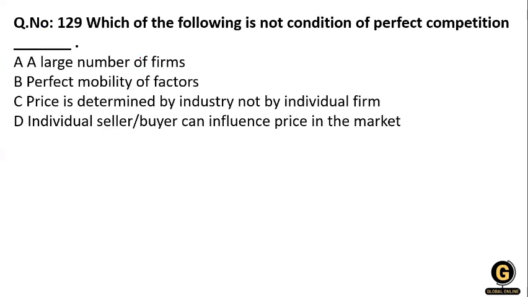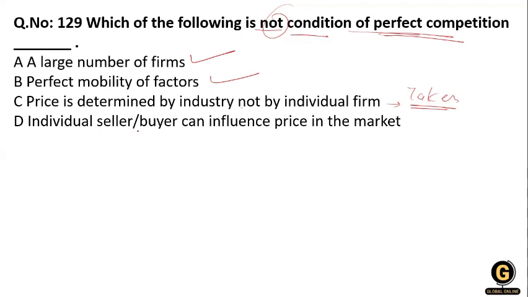Clear? Next, which of the following is not a condition of perfect competition? A large number of firms, perfect mobility of factors, price determined by the industry and not by the individual firm, or an individual seller or buyer who can influence the price in the market. What are the conditions? A large number of firms, and perfect mobility of factors, meaning free entry and exit. Price is determined by the industry, not the individual, so perfect competition means a price taker, not a price maker.